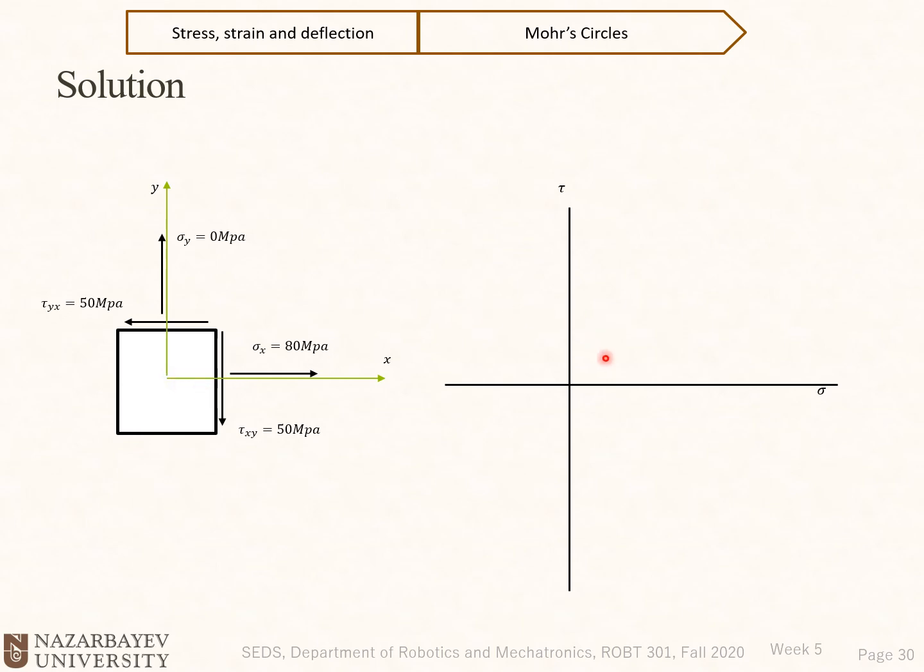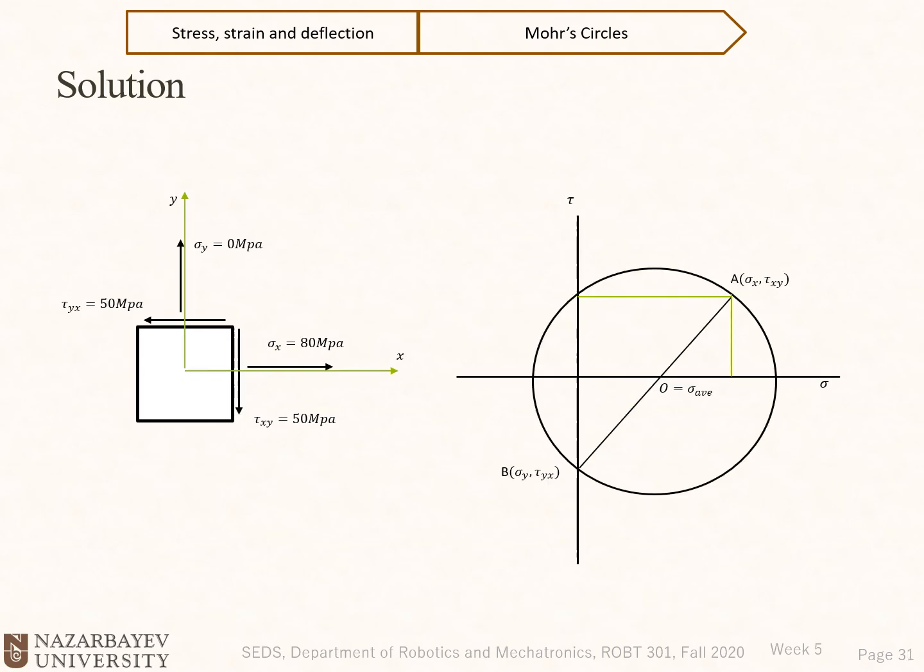Once we have our stress element ready, we can move on to the Mohr circle. Here you can see that in the Mohr circle, on the x-axis we have normal stress or sigma, and on the y-axis we have shear stress or tau. Now the next step is to construct our Mohr circle. How could we do that?